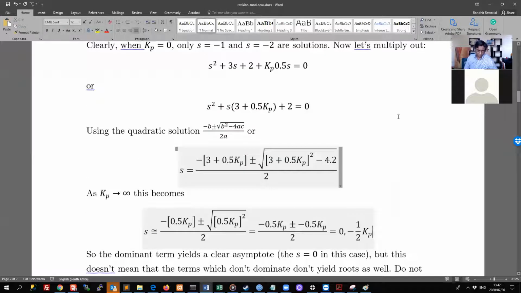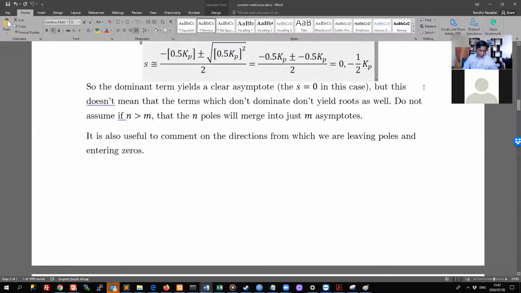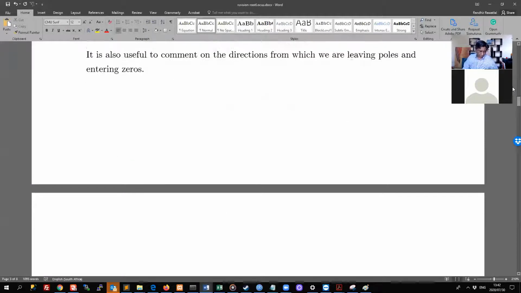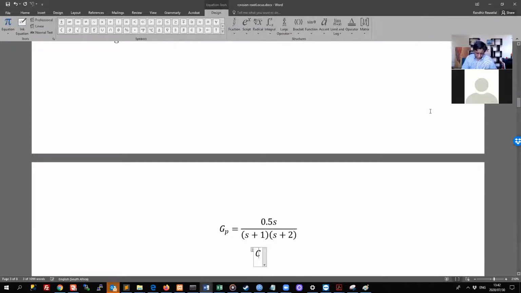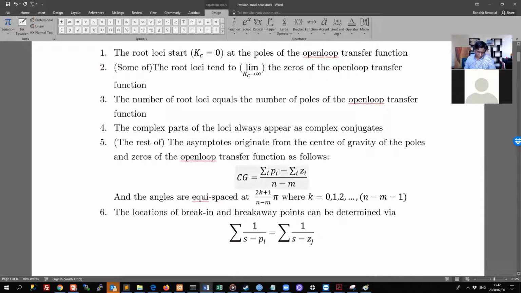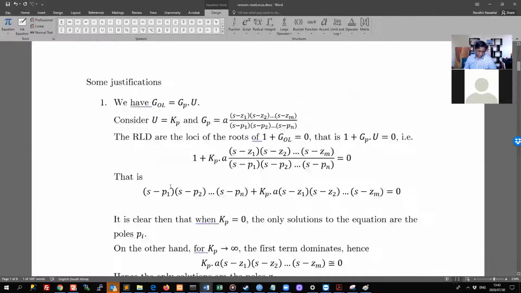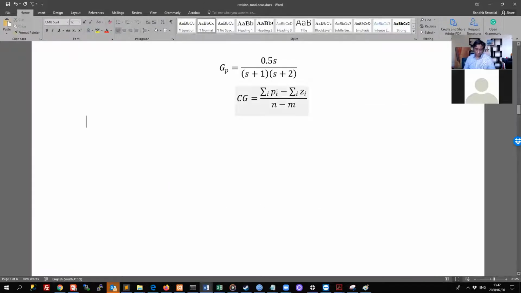Let's do that here, and I'm just going to copy the function. So our center of gravity is the sum of the poles minus the sum of the zeros. I'm just going to copy this. So the sum of the poles, and we can see our poles here are simply -1 and -2.